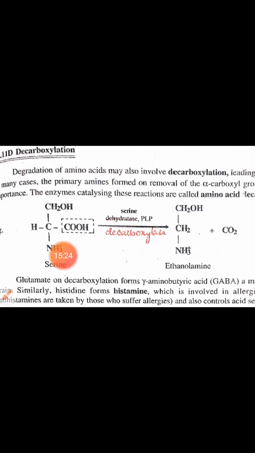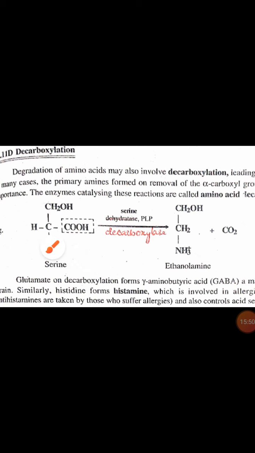Now, decarboxylation is very, very important. This is the last topic of the part 1 video. So here you can see I have taken serine again. In the previous deamination, we took the hydroxylic amino acid serine and removed ammonia because it was deamination.